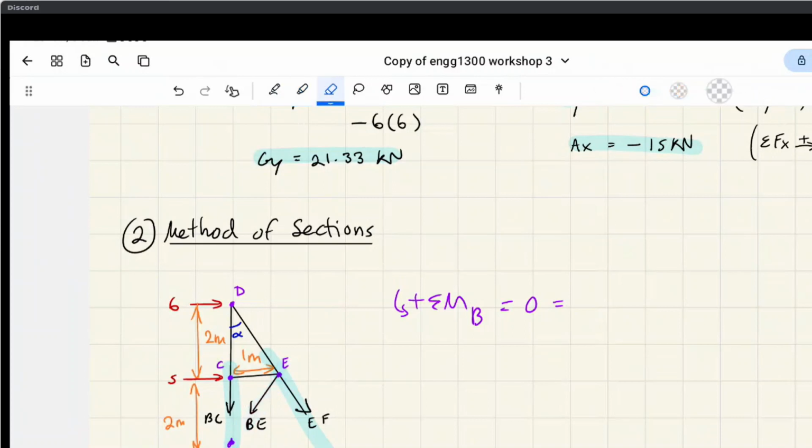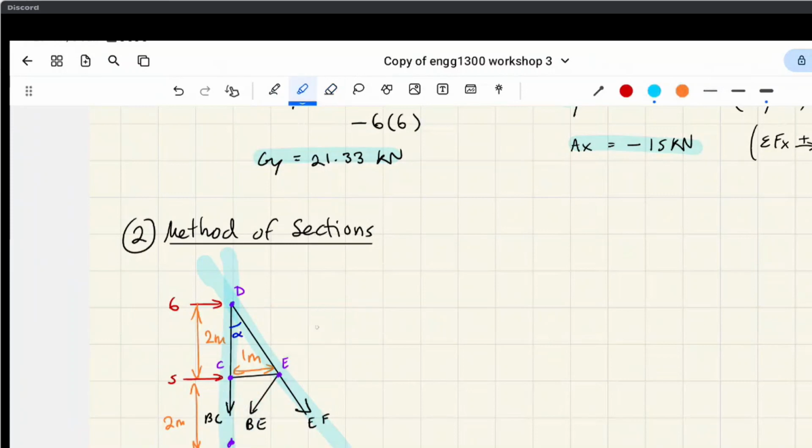So what we have to think about is that we want to take the sum of the moments. By the way, 99% of the time in method of sections, at least as the first move, you want to take the sum of the moments, because it gives you a way to cancel out all of your lines of action except the one you're interested in.